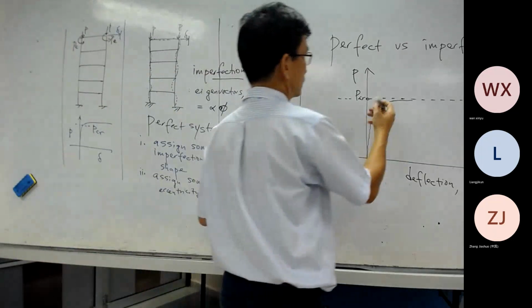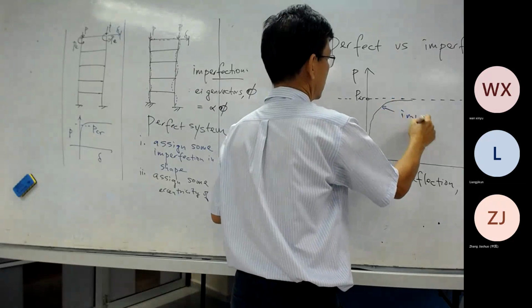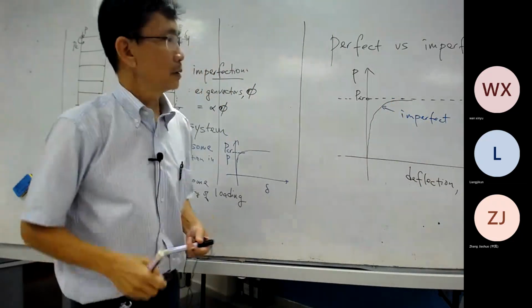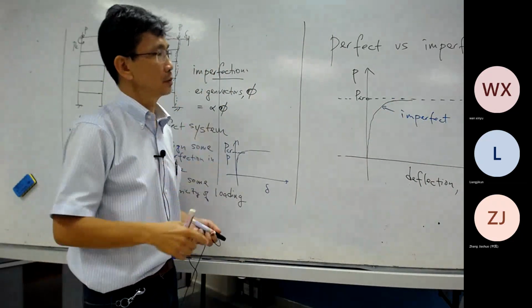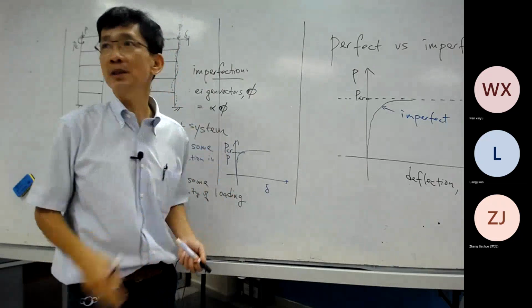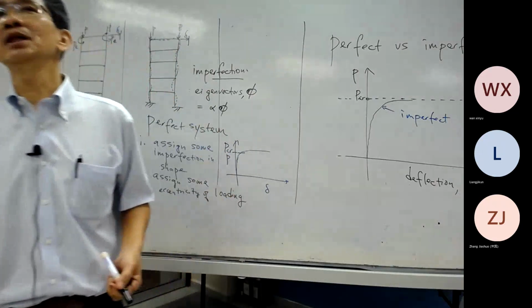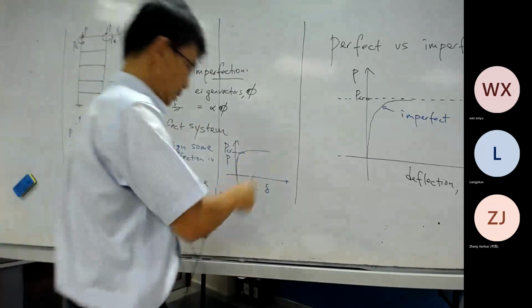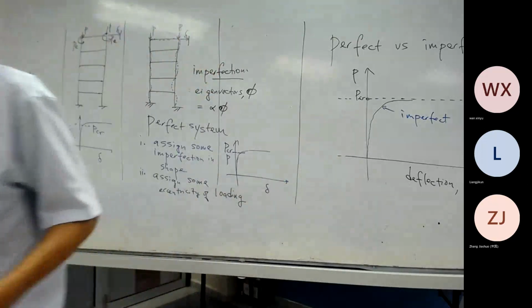So this is imperfect. Now, if I ask you to draw the behavior of the perfect one, where are you going to draw a line similar to this?